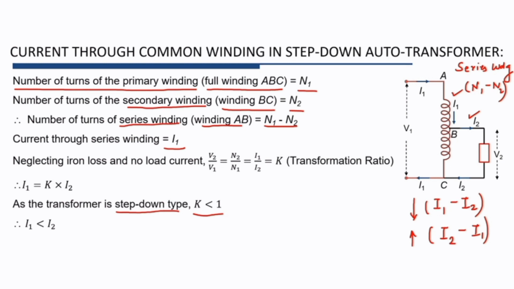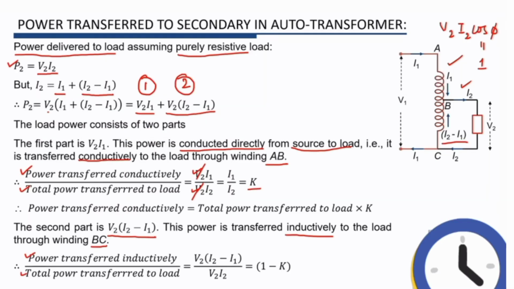But we have to know the notation for the remaining winding A and B. The series winding A and B has the notation N1 minus N2. This is important for the voltage transformation ratio, and this is the concept of how the power gets delivered from the primary voltage to the load.